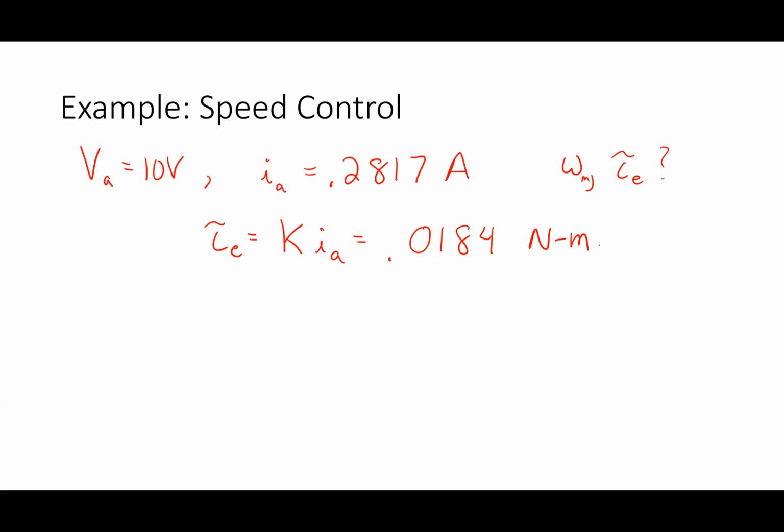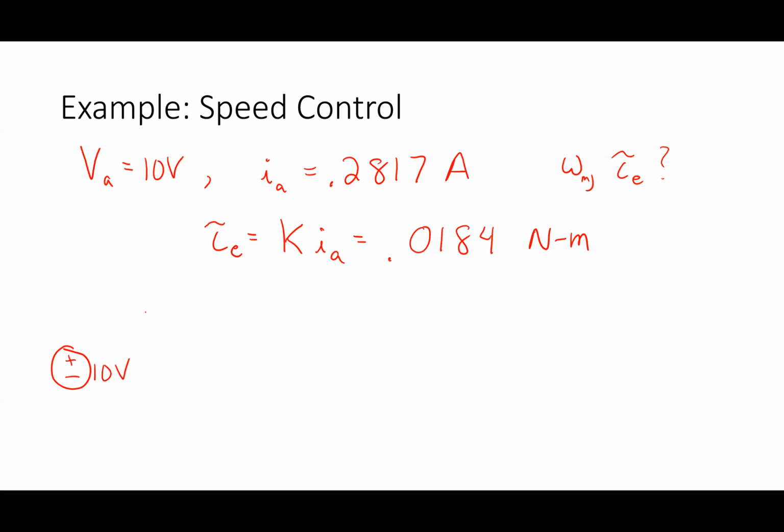Now I want to figure out what speed it's at. For that I have to do KVL. So how do I draw the circuit? Two voltage sources. One of them is the 10-volt source.